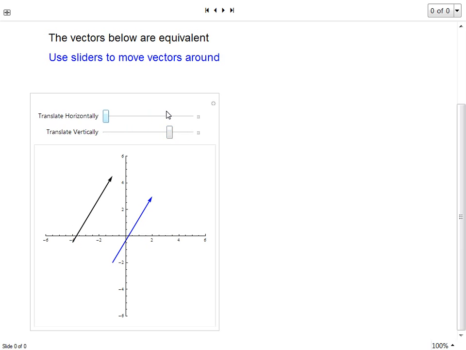The vectors are equivalent. So vectors are good because we use them for, like, if you want to describe the force of me pulling this chair across the room, right? I'm applying a force and the angle that I'm pulling is here. Then you could represent the force with the direction, and then how hard I'm pulling is the magnitude.